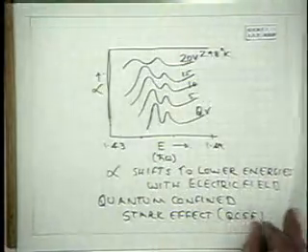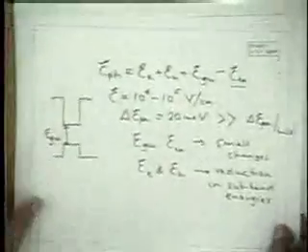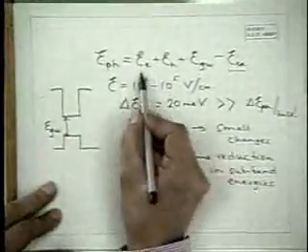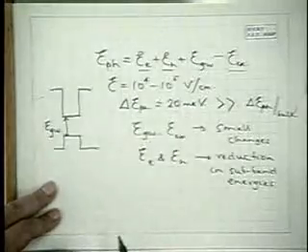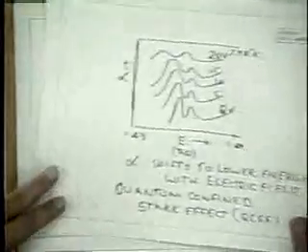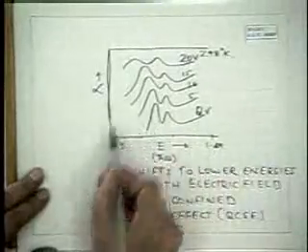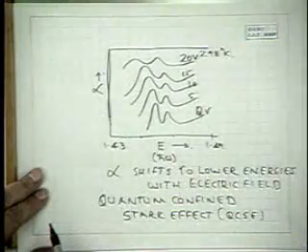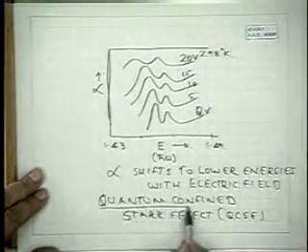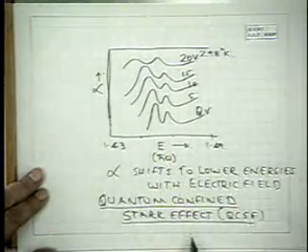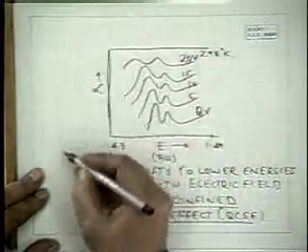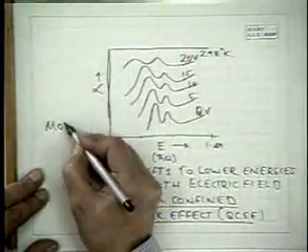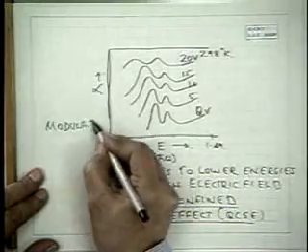It is essentially due to the fact that, due to the Stark effect, these energies EE and EH are reduced, and as a result the absorption shifts towards lower energies. This is very important. I'll go into this in the case of light modulators.